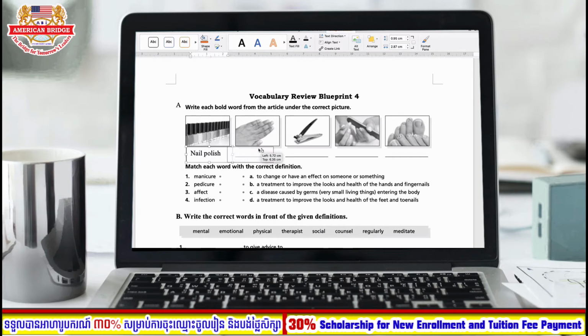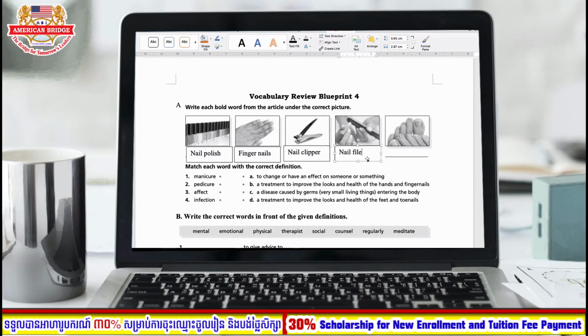And for the second picture, as you can see, is the fingernails, and this one we call nail clipper. Okay, it is a special device that you use to cut your nail. And this one we call nail file, right?